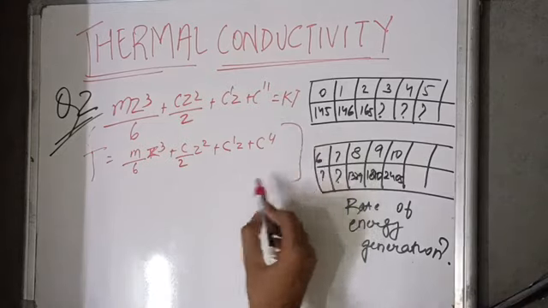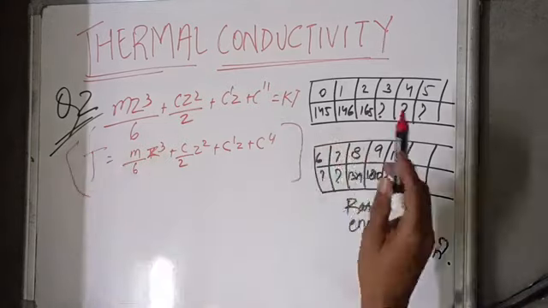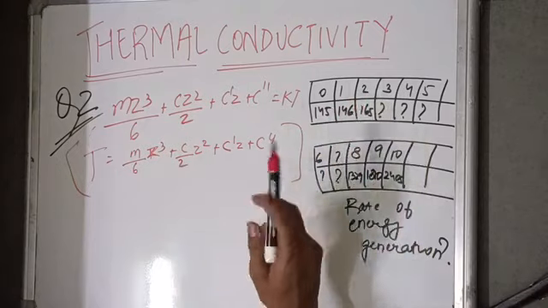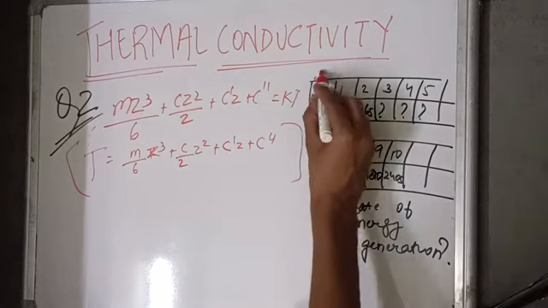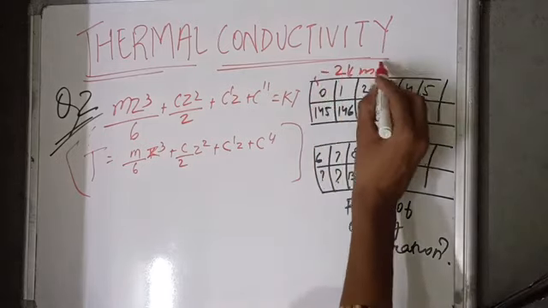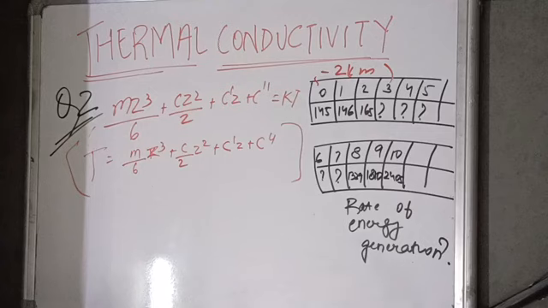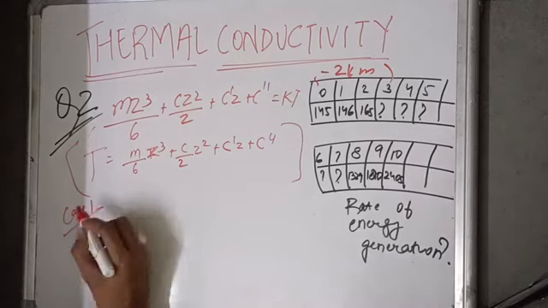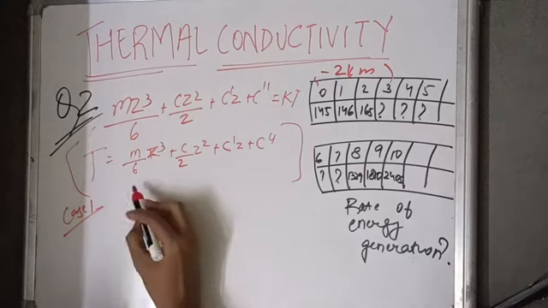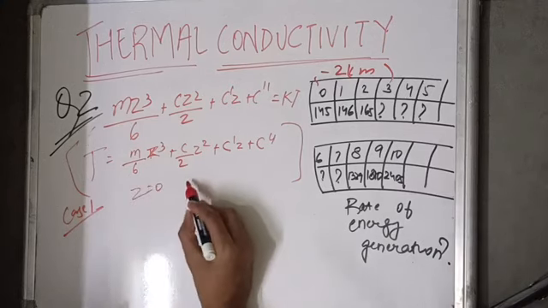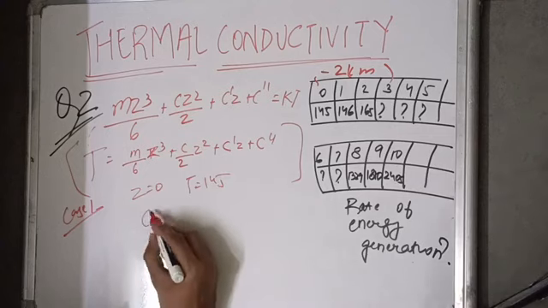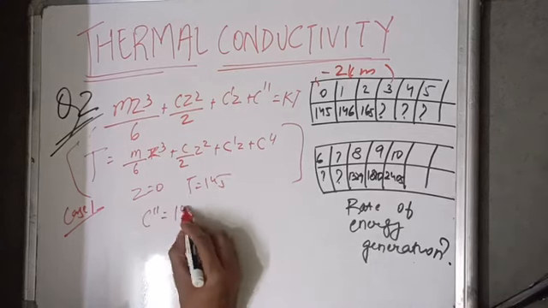This is an equation. Now one by one we are putting values in this to get the values of the constants. This is z in centimeter. Putting the first condition, case 1, z equals 0, t equals 145. We got c double dash as 145.